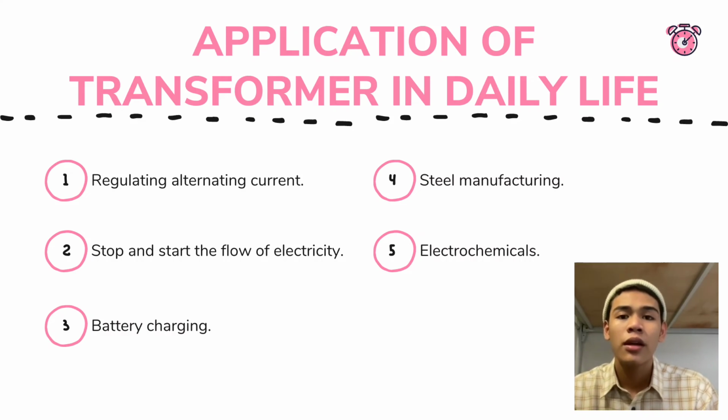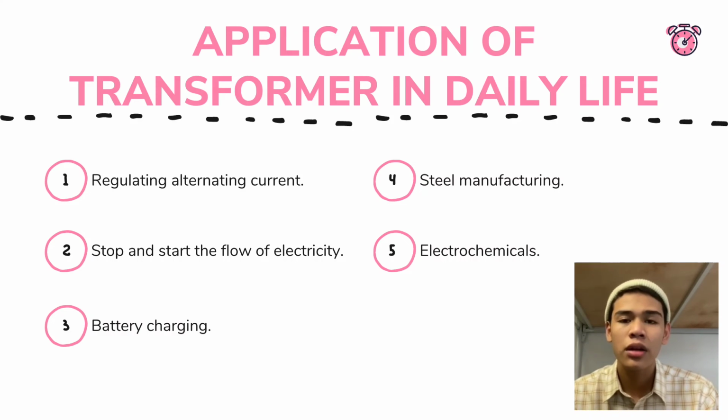The third application area is battery charging. Transformers are used to regulate the voltage that enters the battery during the charging process, preventing harm to the internal components of the battery. This is critical since an unregulated voltage might generate significant surges during battery charging.